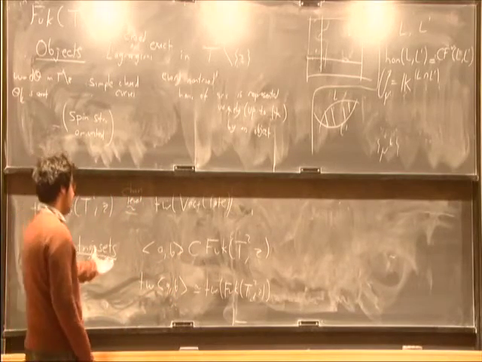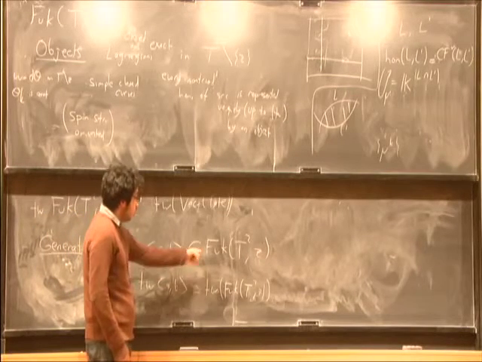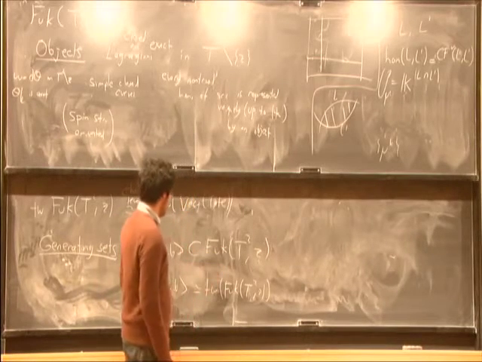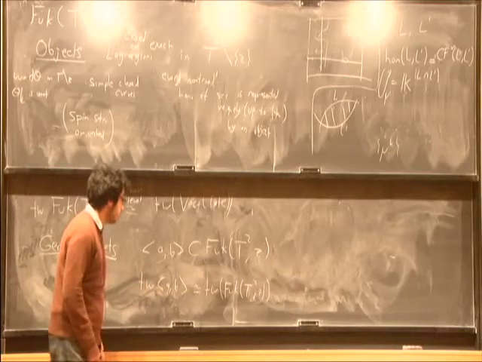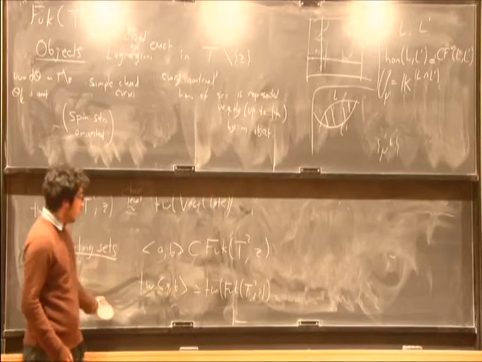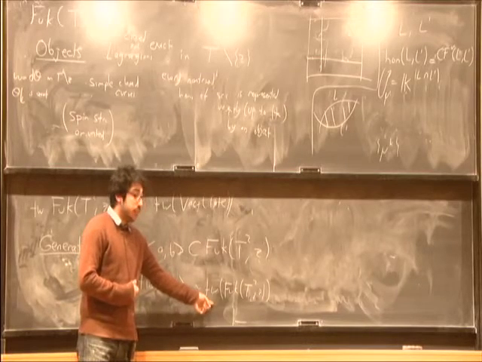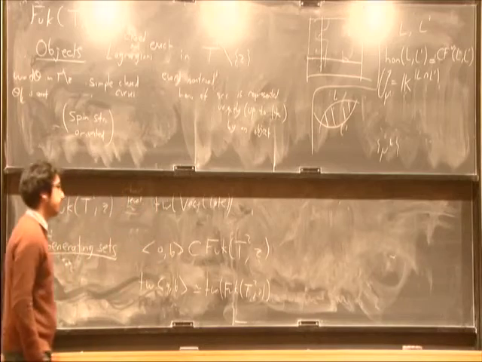And then here, I'm saying that I can find a much smaller part of this whole big category, such that after passing to triangulated closure, I generate the whole. I get the same thing as the triangulated closure of this bigger category.